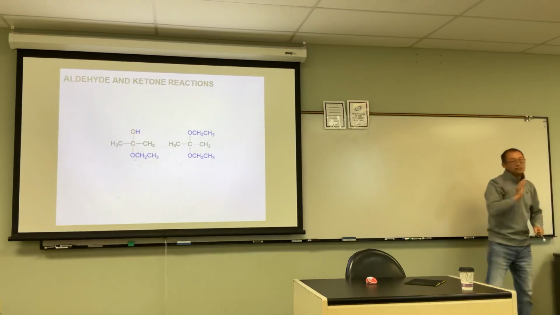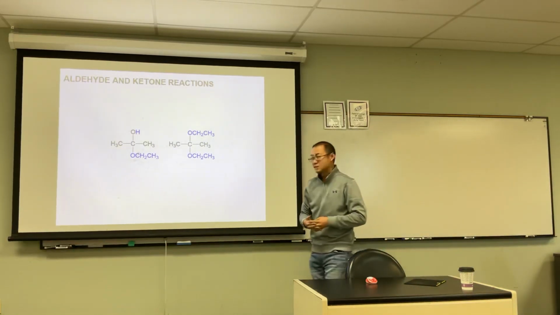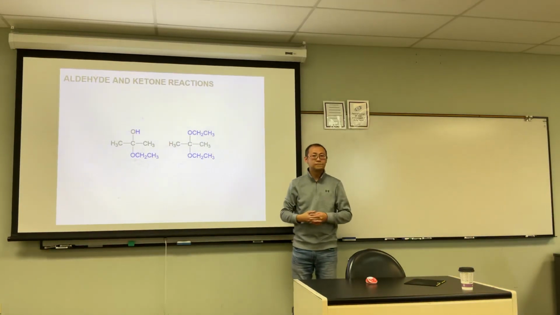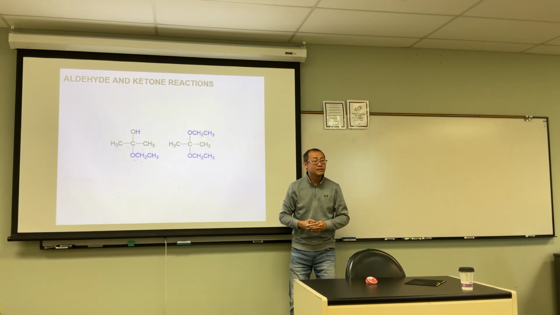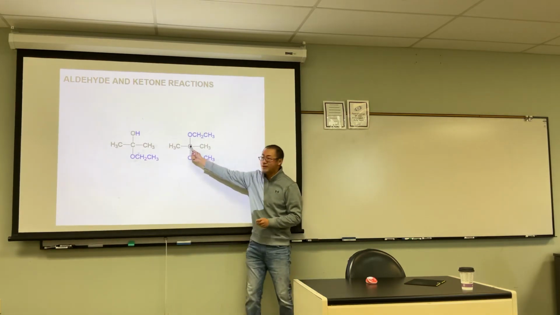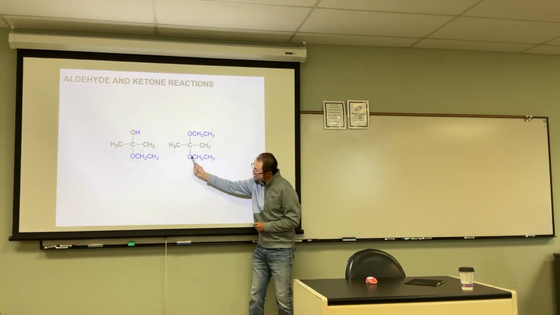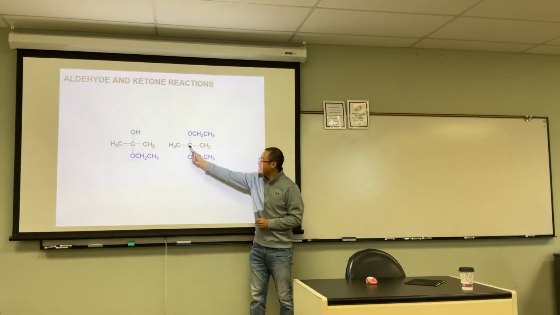Okay, let me put this structure on the next page of the book. You tell me, guys, what are these two? Are they acetal or ketal? Ketals. Why ketals? Because on this carbon, the carbon with two O's, does it have hydrogen on it?